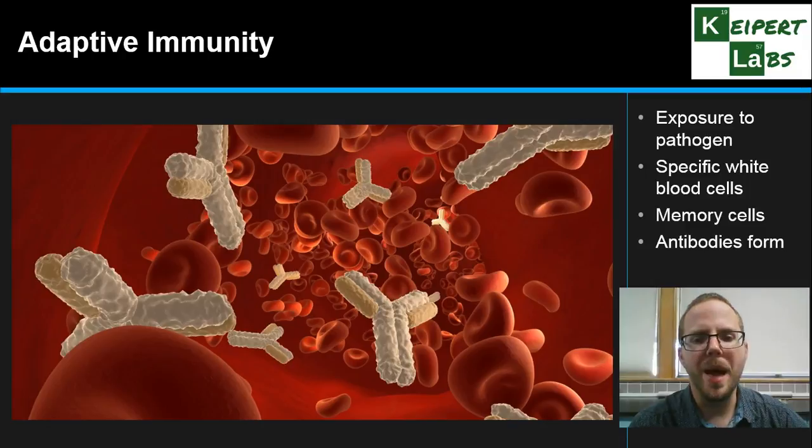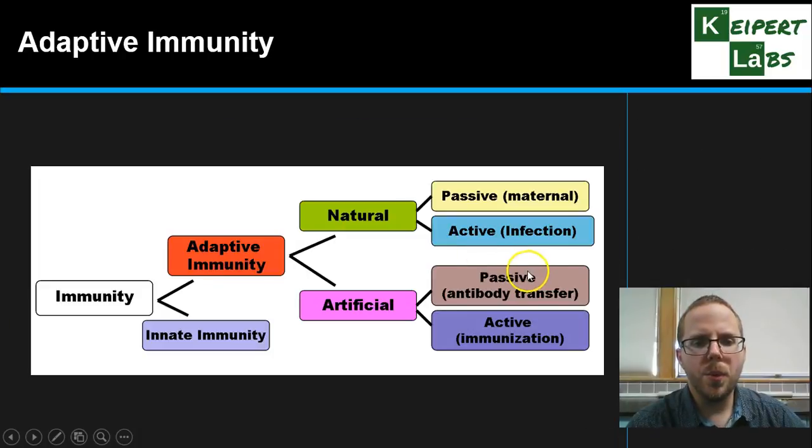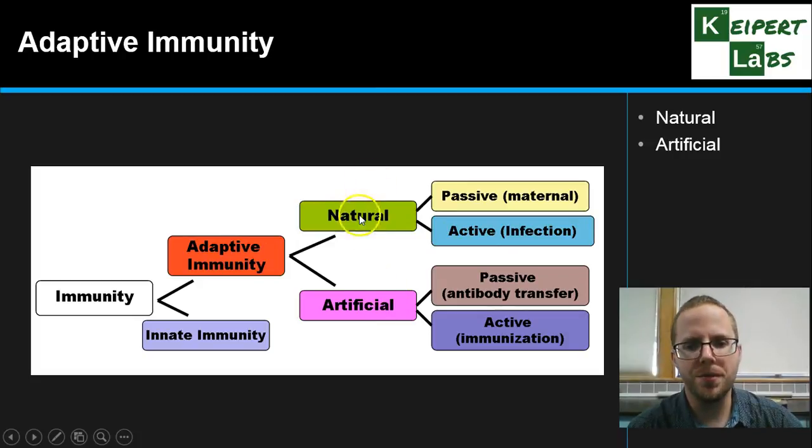And we've also formed antibodies, which are kind of the chemicals that help with the tagging of these pathogens for removal. So they're like the markers or the signs that get attached to the pathogen, which then allows them to be disposed of. We talked about, in a previous video, this idea of adaptive immunity being either natural or artificially acquired.